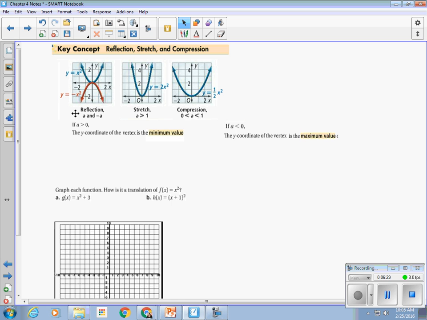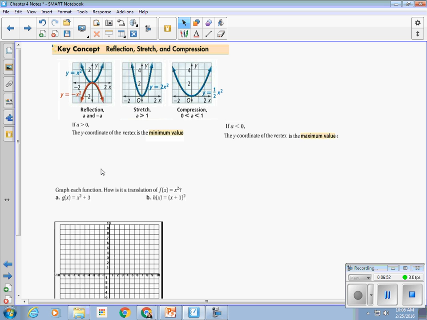All right, these are important little items. If a is greater than 0, the vertex is a minimum value. So if your parabola is facing up, because your a value is positive, right at the belly button of your parabola, your vertex, that's going to be the minimum.